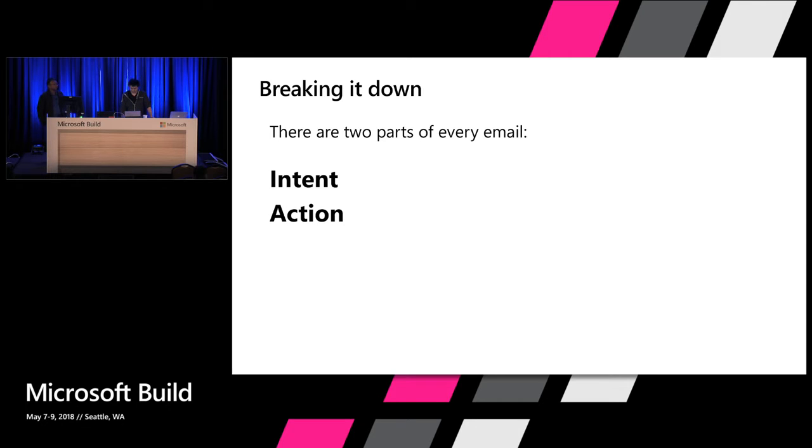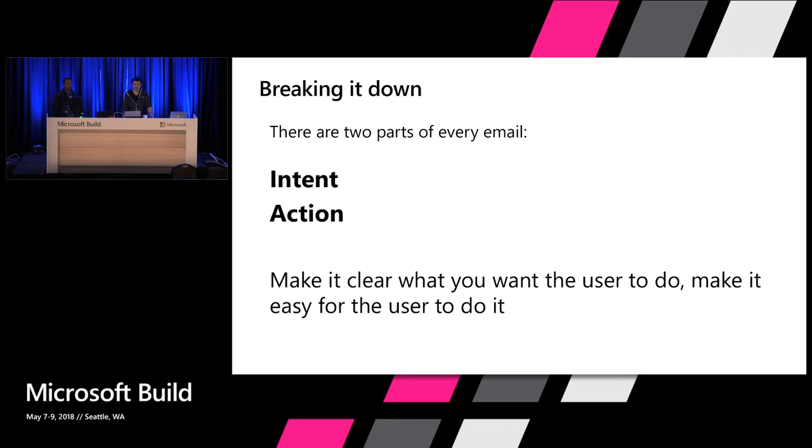So, from my personal experience as a PM, who I constantly am asking developers like Amar to do stuff for me, I have some really easy advice for how to make this useful. You have to make it very clear to the user what you want the user to do, and also make it really easy for the user for what the action is that you want them to take. So that's kind of the summary of how to make a very useful email notification.